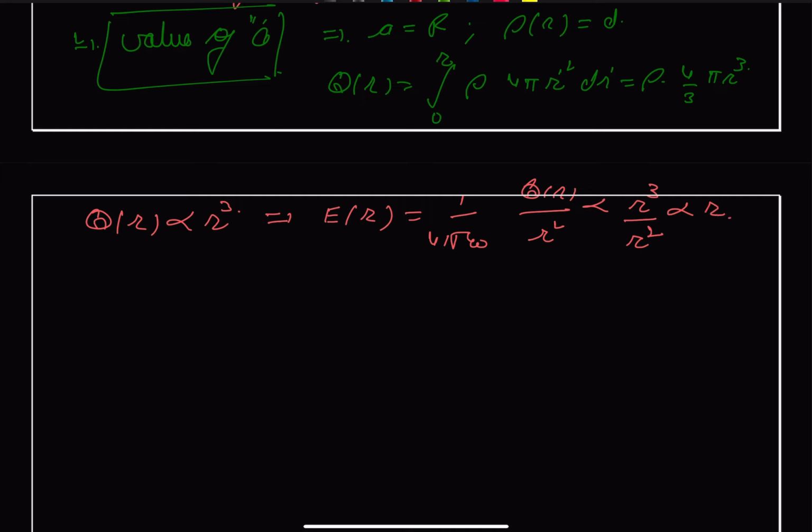Okay, and this is the basic assumption in the question, that the electric field is directly proportional to small r. Therefore, we can say that E of r is directly proportional to r is true only if A is equal to capital R. Okay.